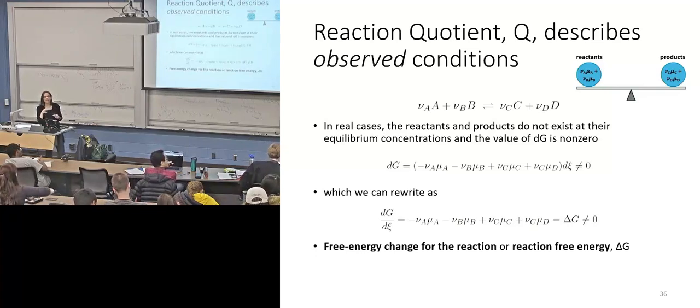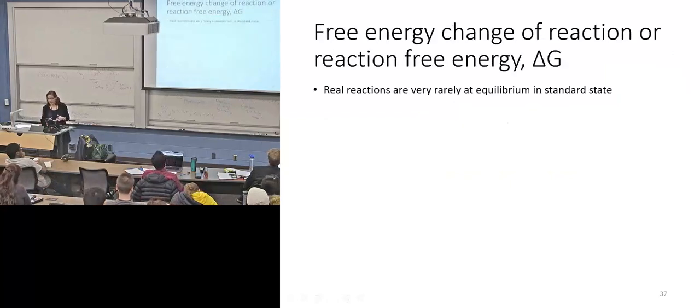Like, I did an experiment, I collected these numbers. Those are examples of actual observed numbers that you were able to measure. Or you'll be asked to calculate the free energy change for the reaction, or the reaction free energy change, delta G. So real reactions are very rarely at equilibrium in standard state.